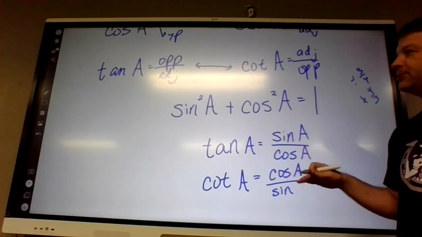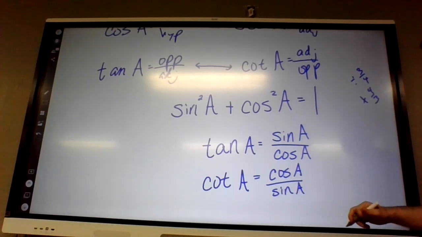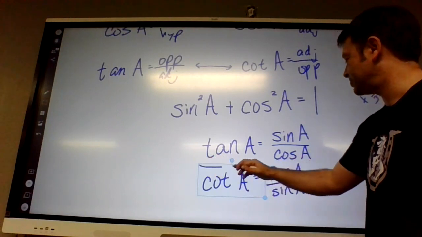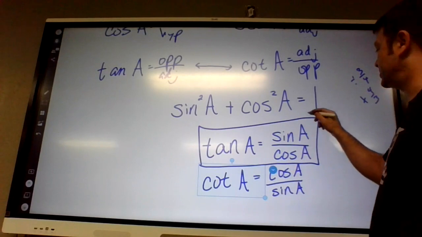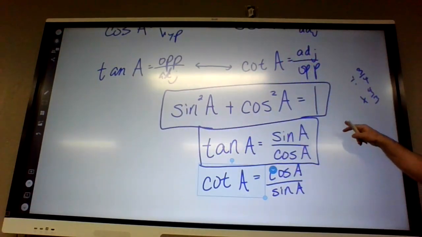That would actually work too, but you don't need to know that one. I'm not 100% sure they're going to ask us the cotangent one, but definitely need to know that one, definitely need to know this one, and definitely need to know these three.